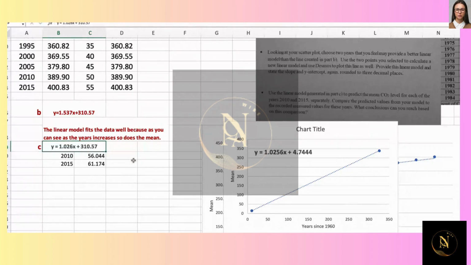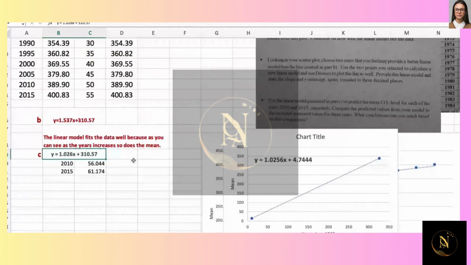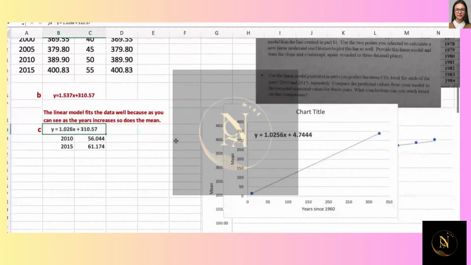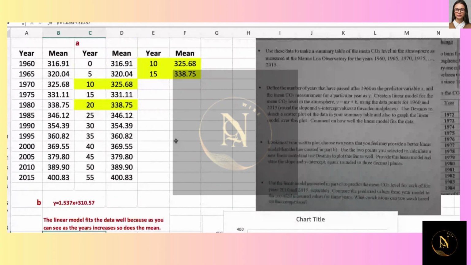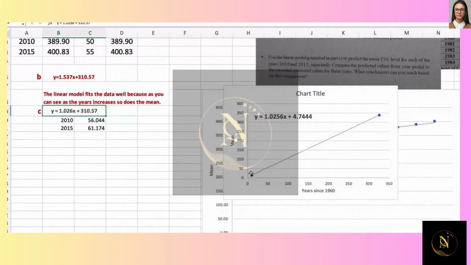So I have 10 and 325.68. That's not correct.